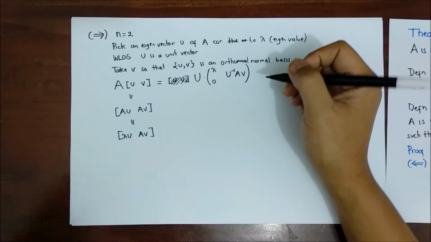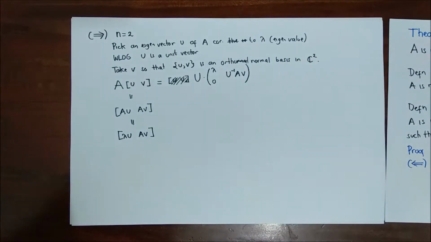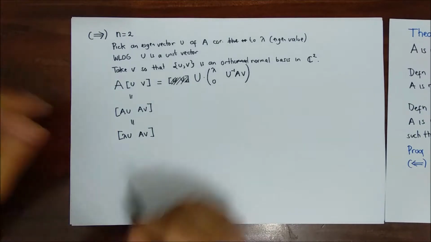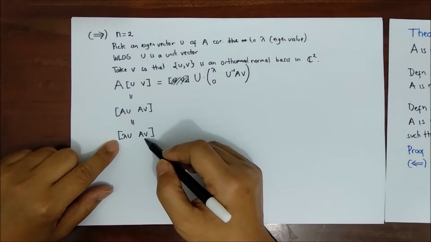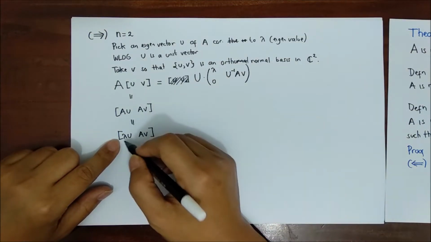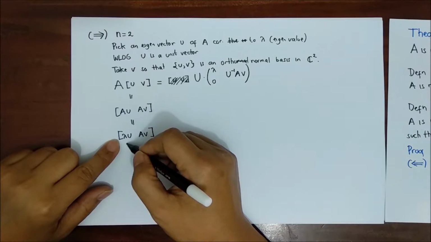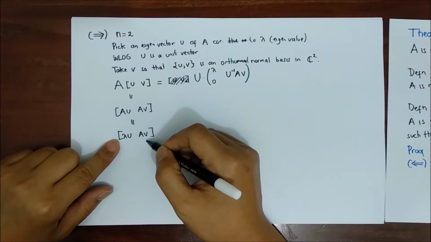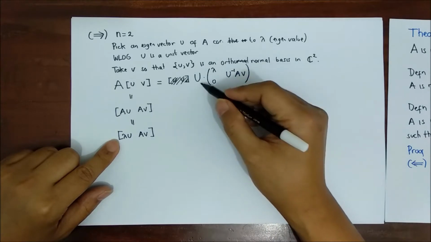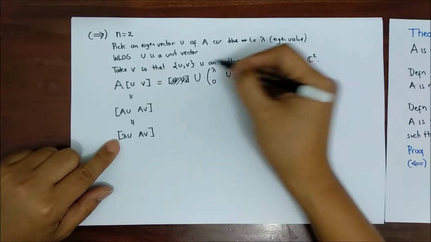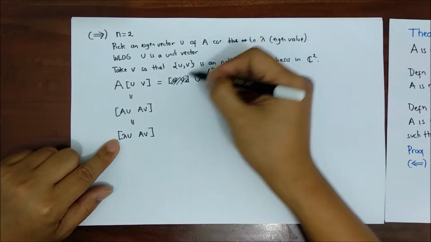Okay, so we have this identity: the matrix where the first column is lambda u and the second column is Av is the same as the product of these two matrices.